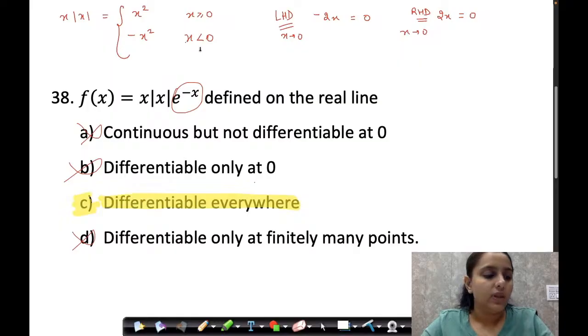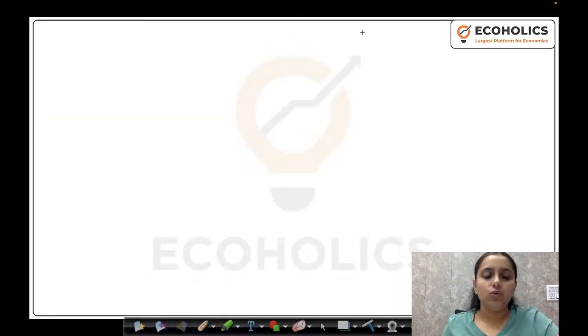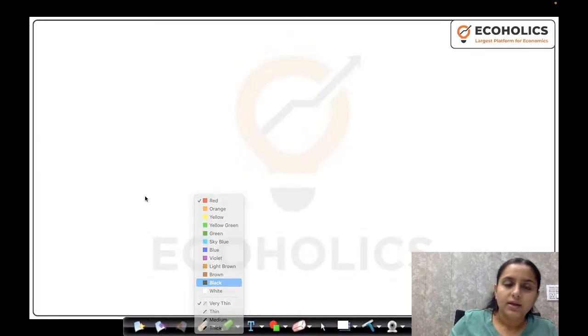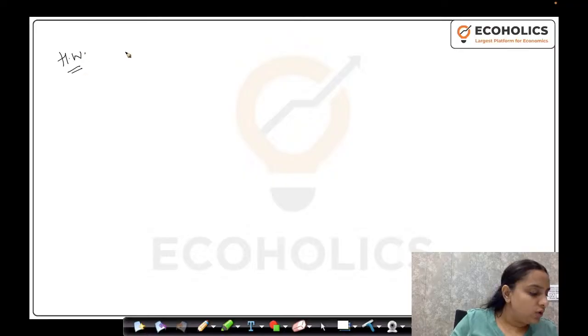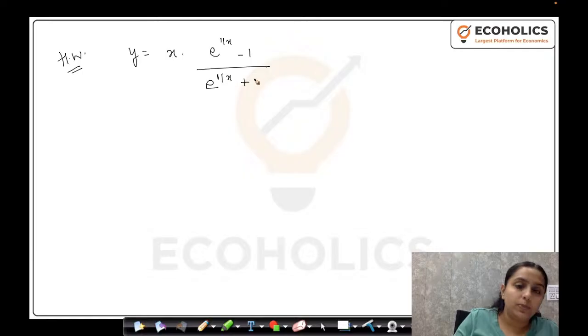Okay, now I am leaving you with one homework. Everyone will do one homework. You will check for the function y equals x times e raised to the power 1 by x minus 1, upon e raised to the power 1 by x plus 1. Here x is not equal to 0, and if x is 0 then f(0) is also 0.